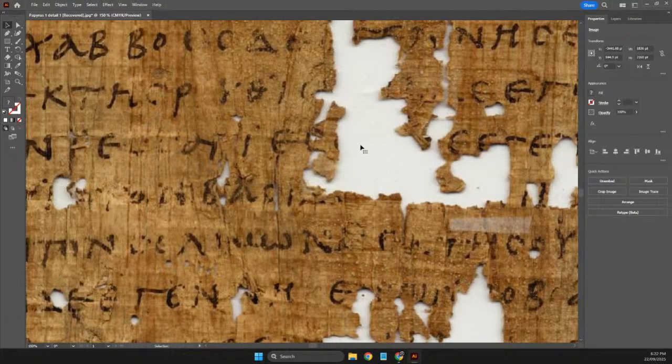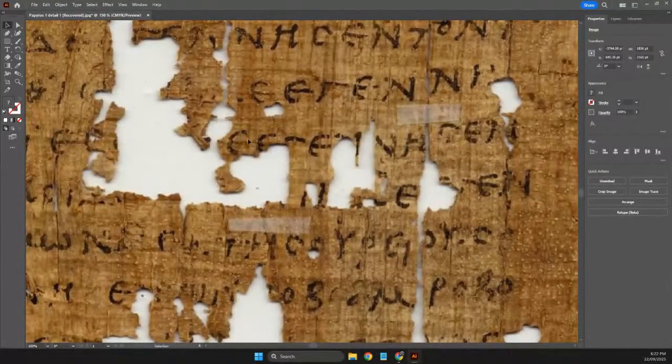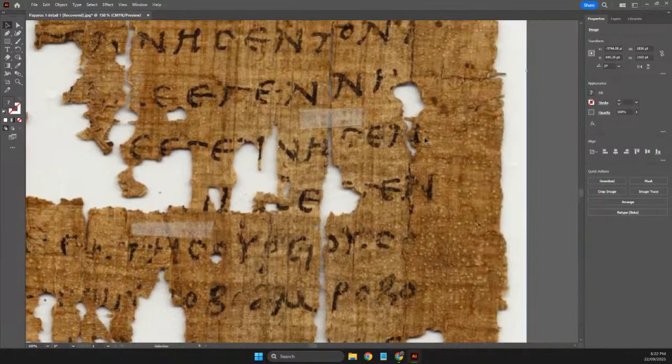Now, obviously, there's a heap missing, and it does say that there's heaps missing here. An alpha, an iota, and then a delta. And so it should say there, and then E, and then the gamma again, Nesen. So I think we would agree on that.